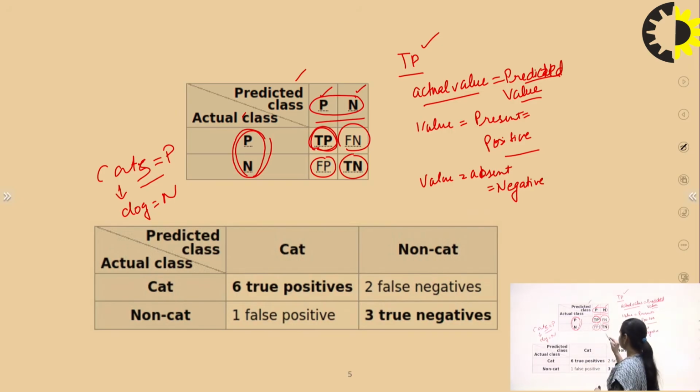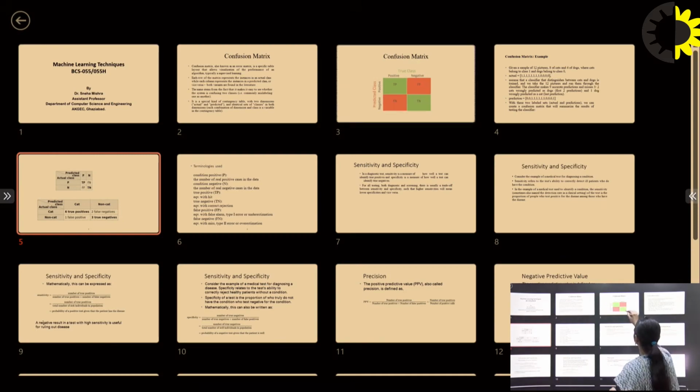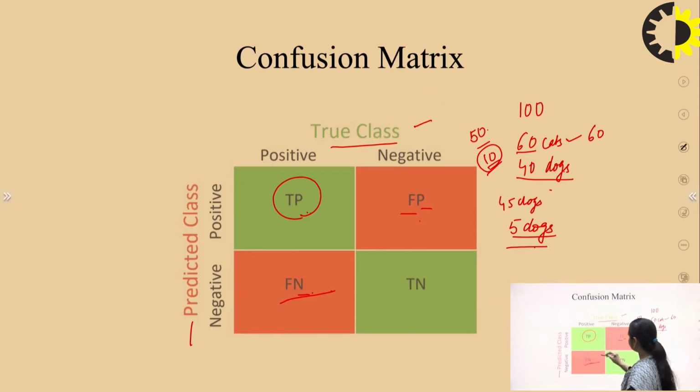Vice versa. The actual value is there. See, here you can see we are talking about true negative now. First we'll talk about false negative, sorry.